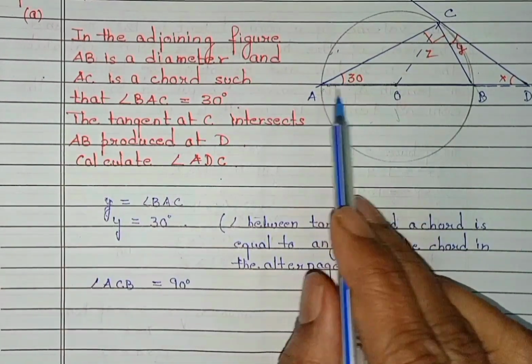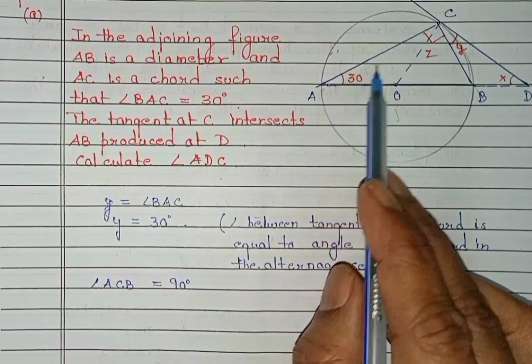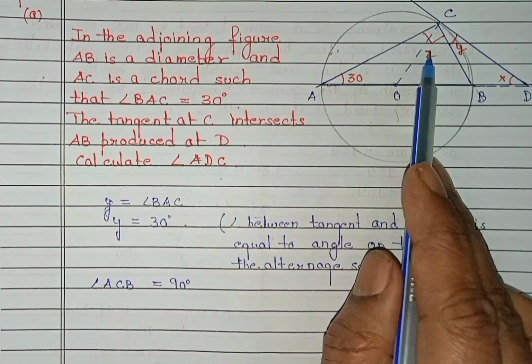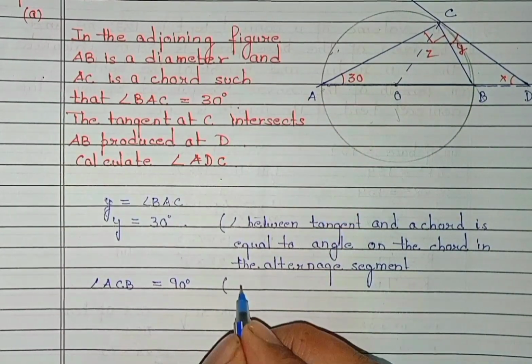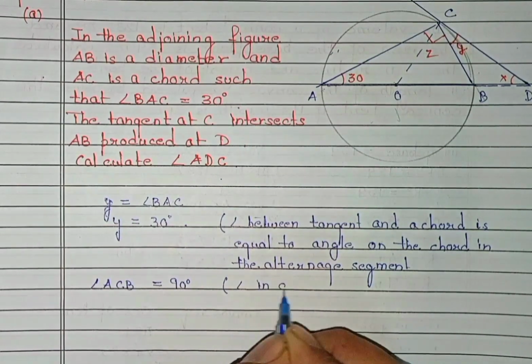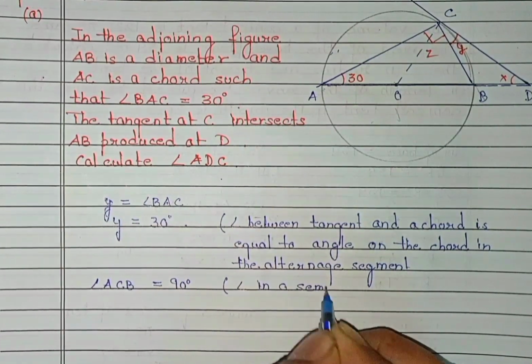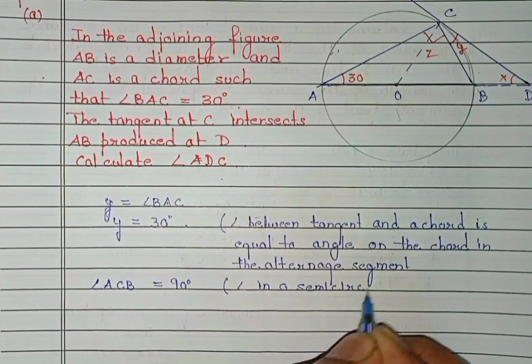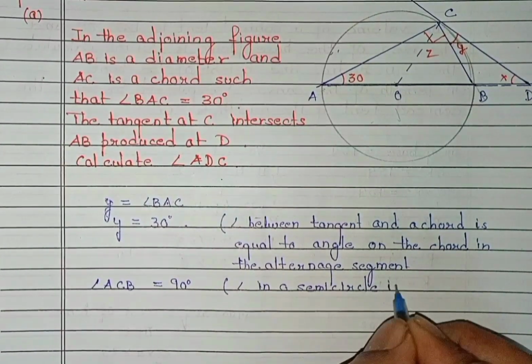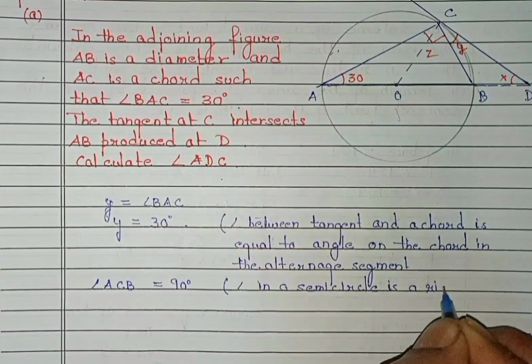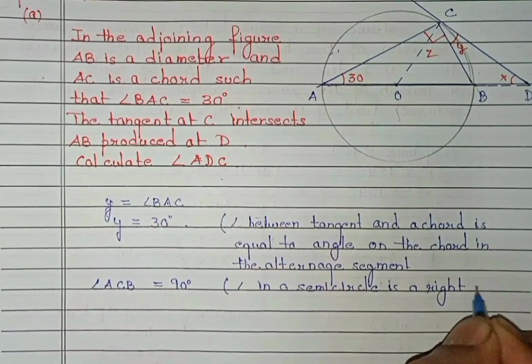Reason, whenever we get a diameter, then angle on the diameter is always 90 degree, and it is called angle in a semicircle. So we have got angle in a semicircle is a right angle.